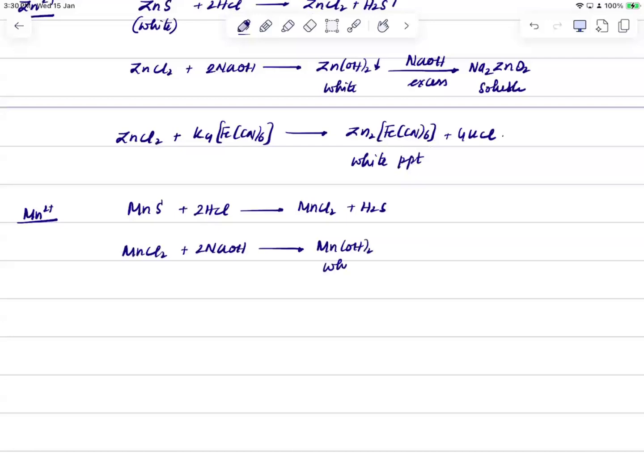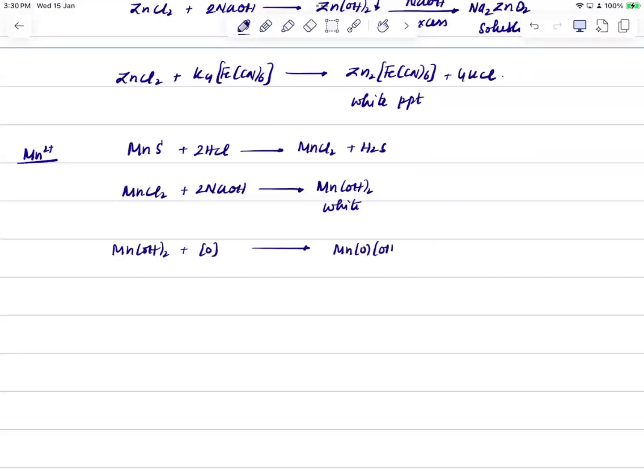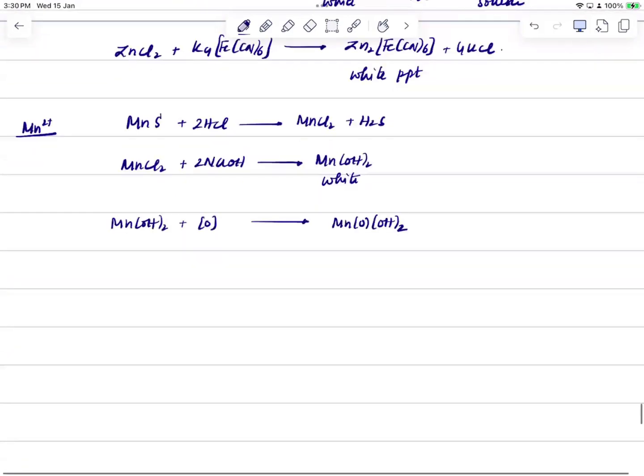And this Mn(OH)2, if you keep it in air for a longer time, will get oxidized to the plus 4 state. So this is a brown color PPT.